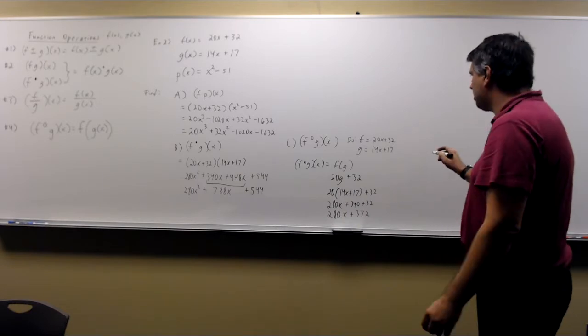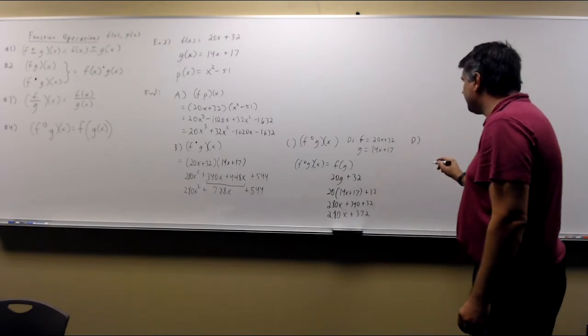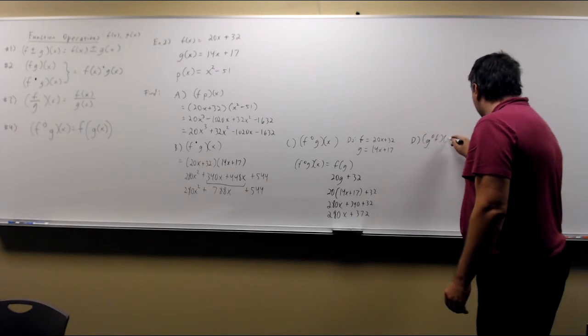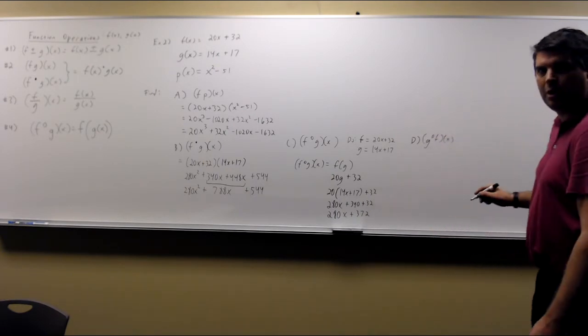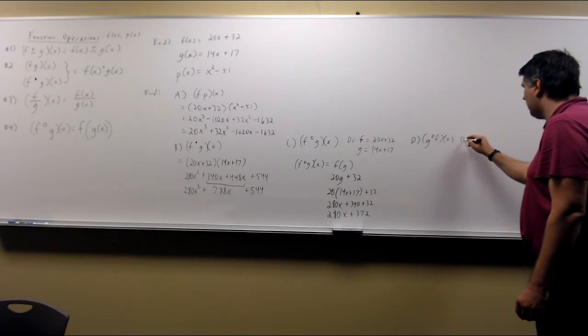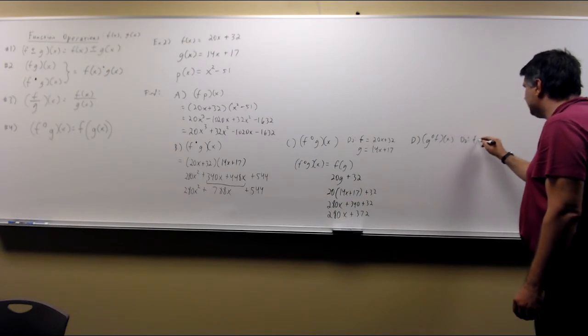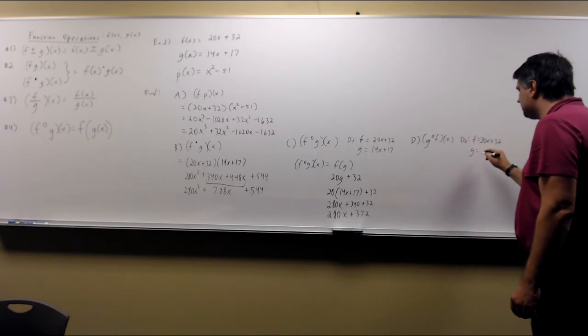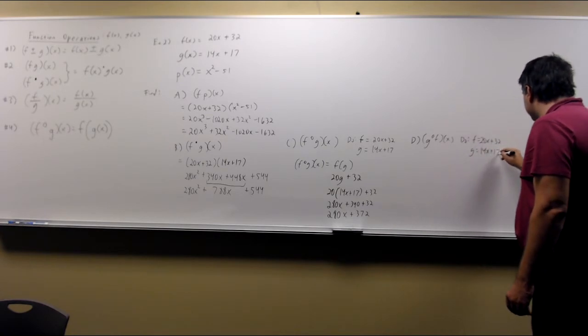Similarly, I propose to go ahead and do d, which isn't on the board yet, but that's going to be g of f of x. Okay, well, what I would do is f is 20x plus 32, and g is 14x plus 17.